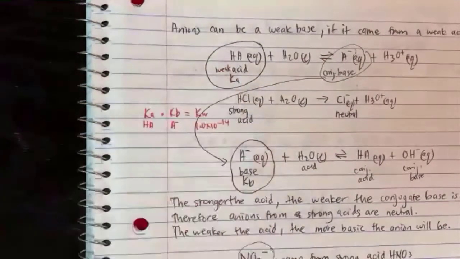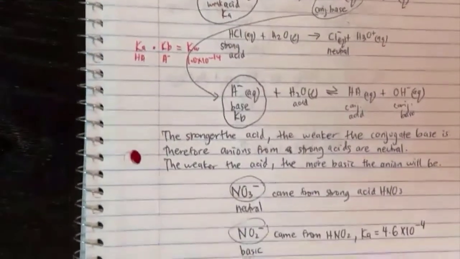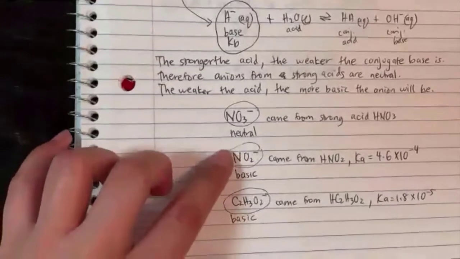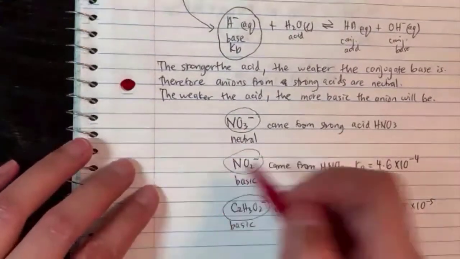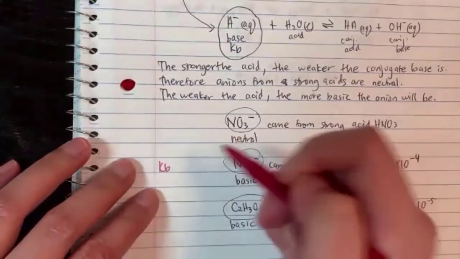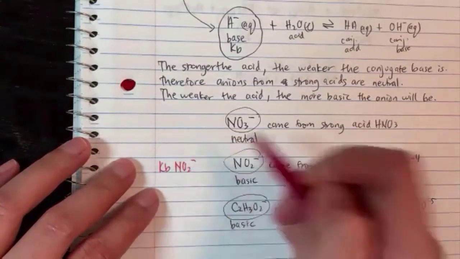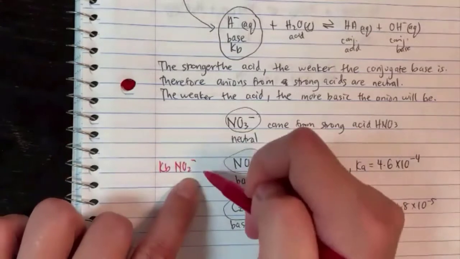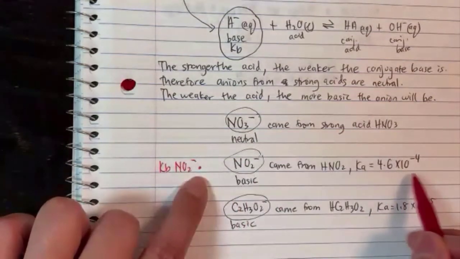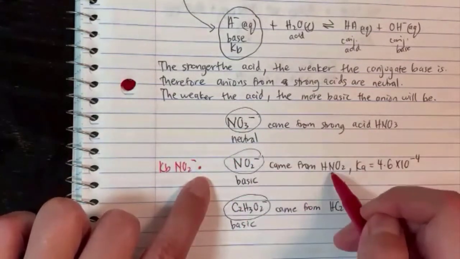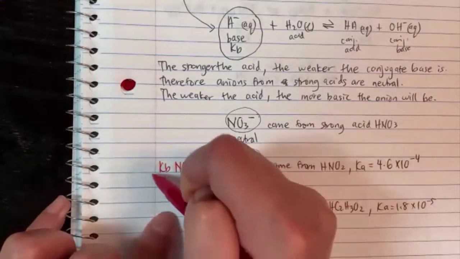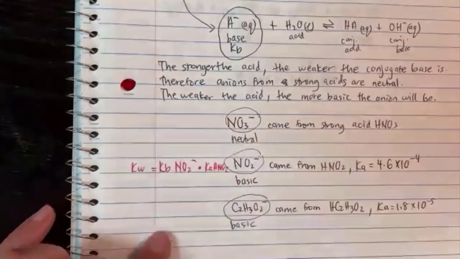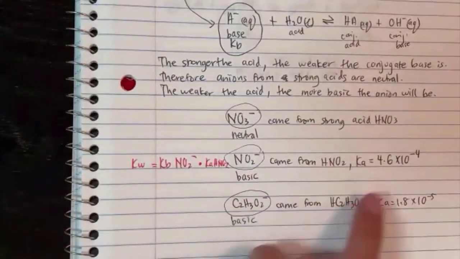So they're related, okay? So if I wanted to find Kb for these guys, how would we do it? We can say Kb of NO2 negative multiplied with Ka of HNO2 equals Kw. We can solve for it if you plug this value in.